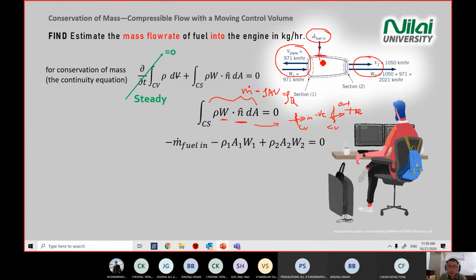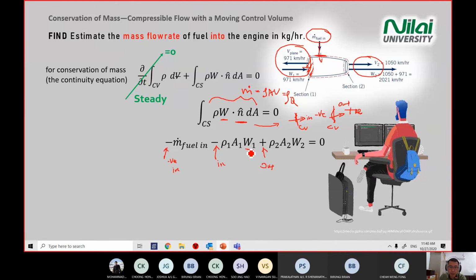Why negative for the fuel? Because it's passing into the control surface, it's going in. Why negative at section 1? Also because it's going into the control surface. Why is this one positive? Because it comes out.